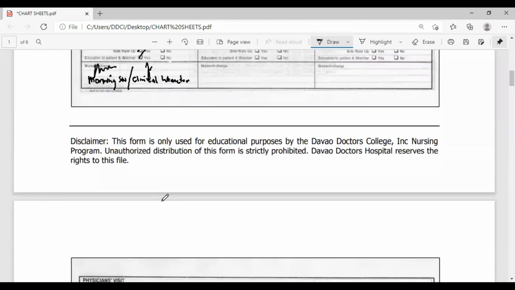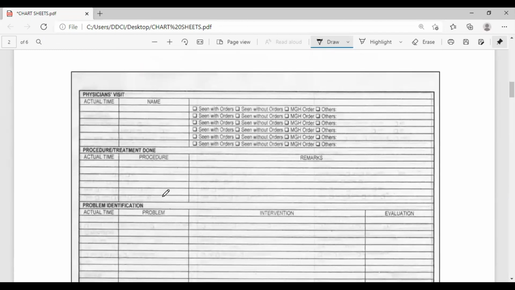Okay, so afterwards, at the back, there's what we call your physician's visit. So when you're able to identify the patient's physician, and you note if the physician visits the patient, you put the actual time of the visit, for example, let's say 10 a.m., then the name of the doctor, so Dr. Bungo.